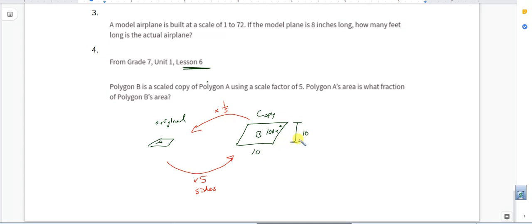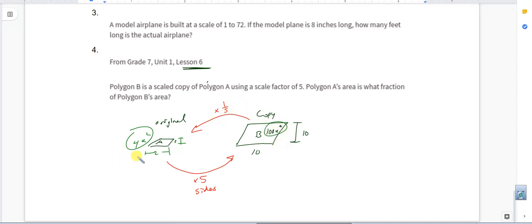Or divide by 5 or times by 1/5. 10, a fifth of 10. If I divide 10 by 5, I get 2. So that would be like having a 2 height by 2 width, which would be like having an area of 4. So what I've got here is something that has an area of 4 compared to something that has an area of 100.